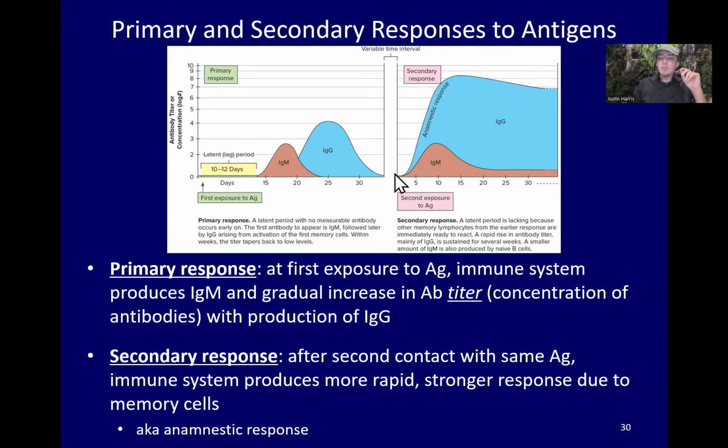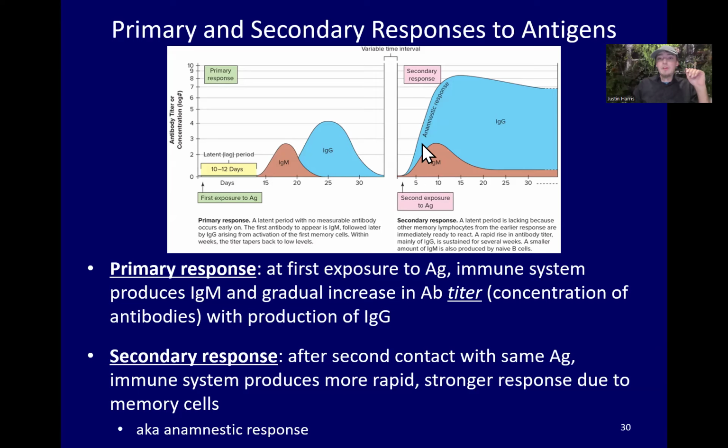And so you have that pathogen infection, and then your innate immune system still occurs. And then a couple of days later, a lot faster than the first time, you're able to bring back your response from those memory B cells, and you're able to respond much faster than you were the first time.